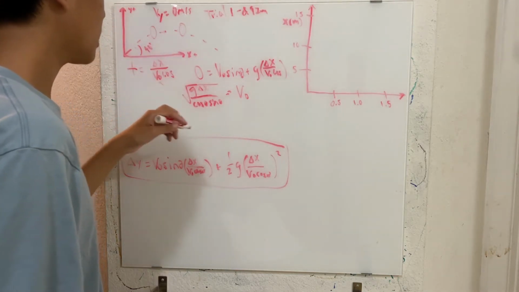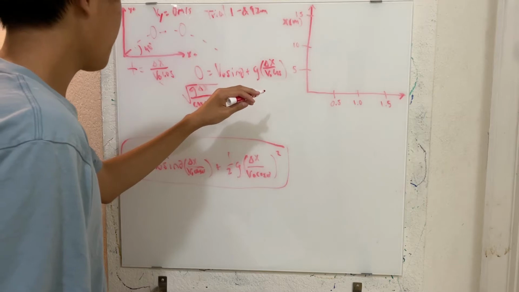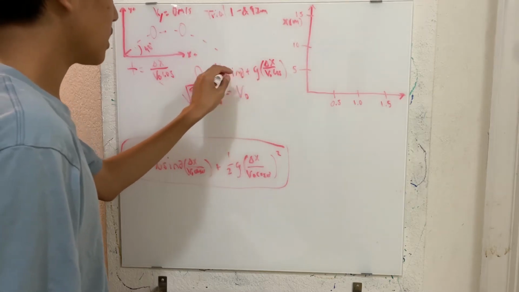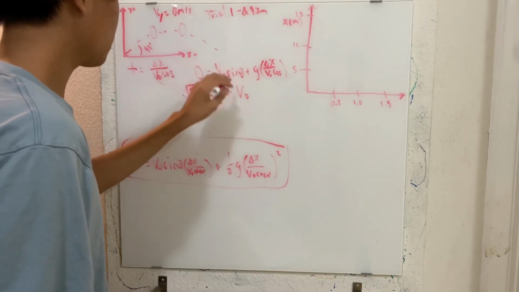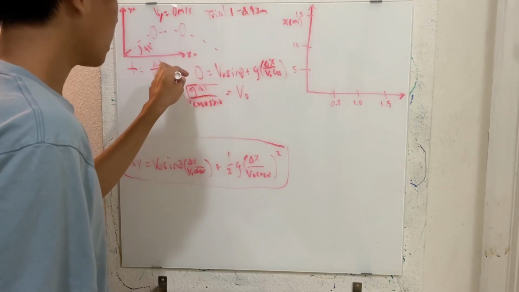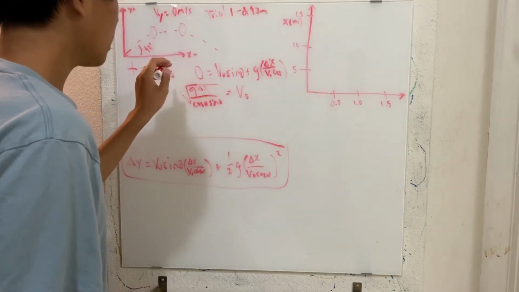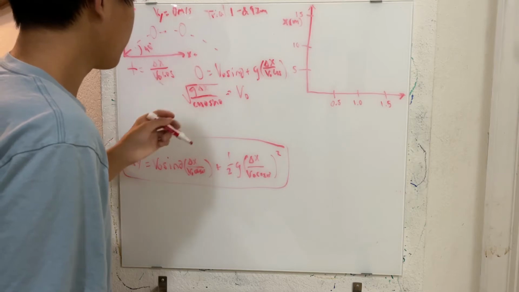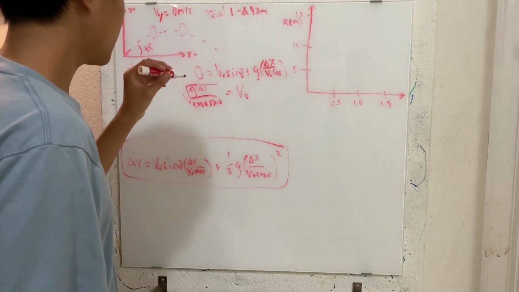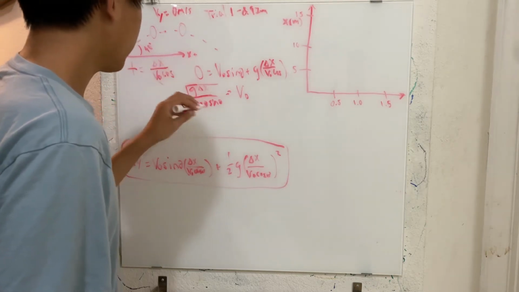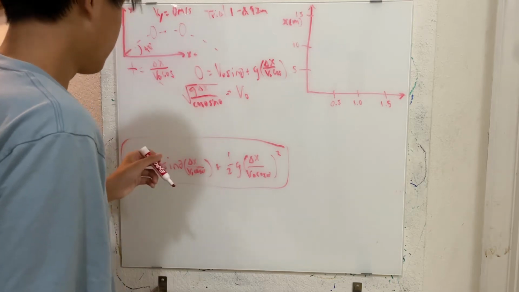over v naught cosine. Then first I multiplied by v naught so that this one cancels out and this one becomes squared. And then I moved it over to the left side, so that's negative g delta x over cosine theta equals v naught squared sine theta, and then I divided by sine theta and square rooted.